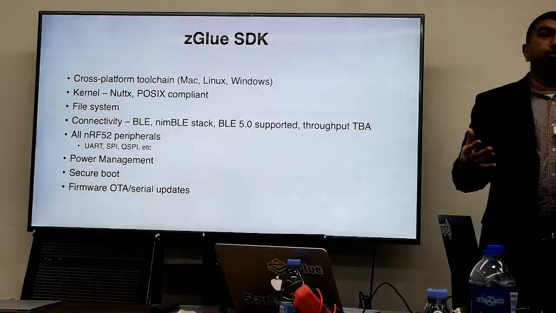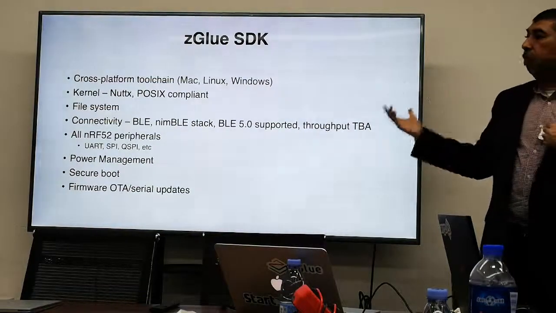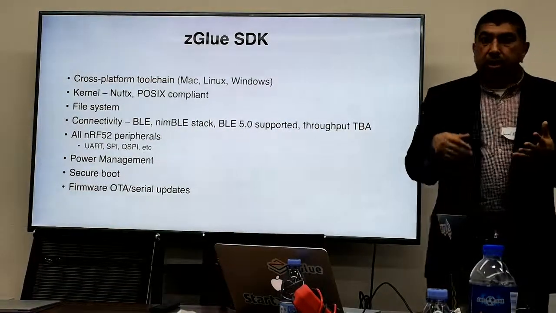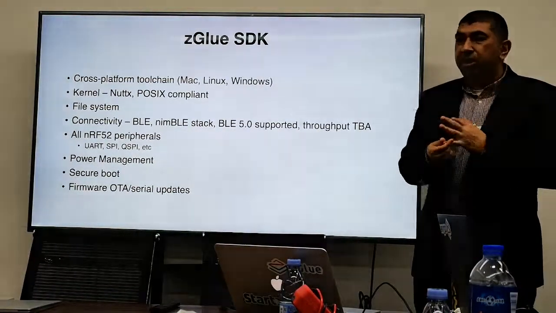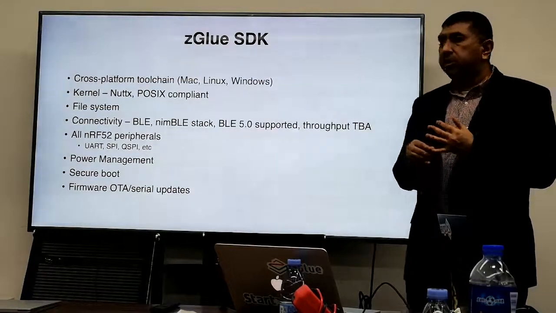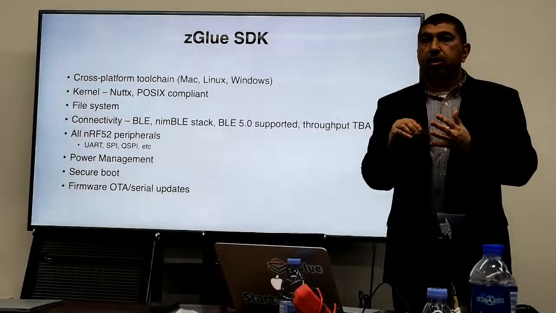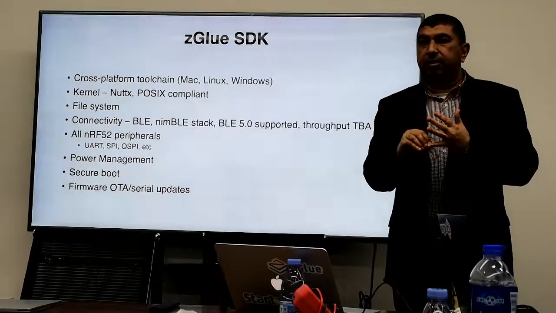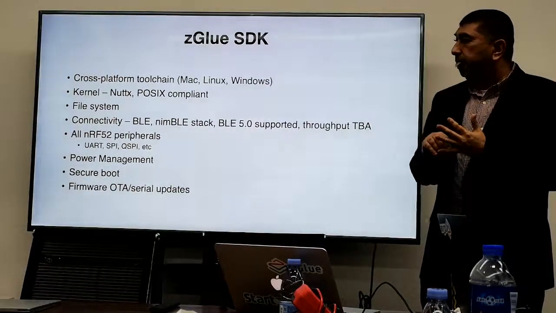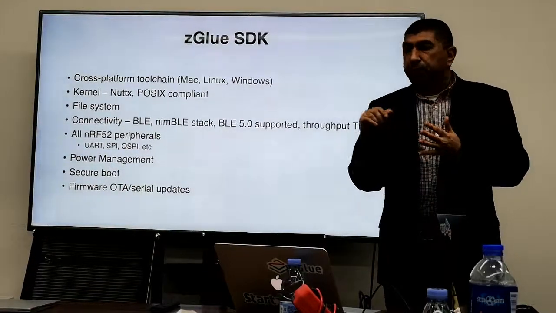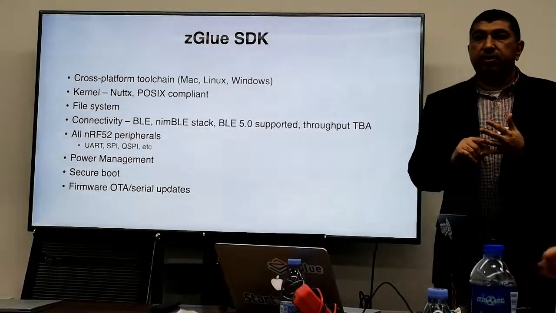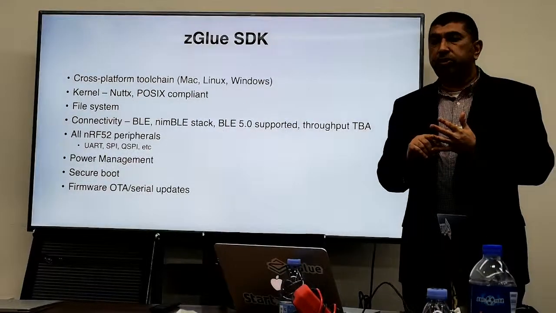And just one last thing about the ZGlue SDK. If you choose to use our SDK, you have all these benefits. There's a tool chain available. You can use the tool chain on pretty much any platform. You don't need to buy Keil. We are based on GCC, and we're using nanoPower, which is a pretty liberal open source license.